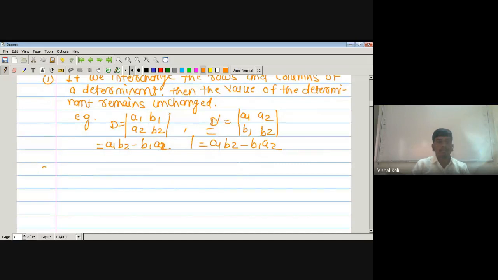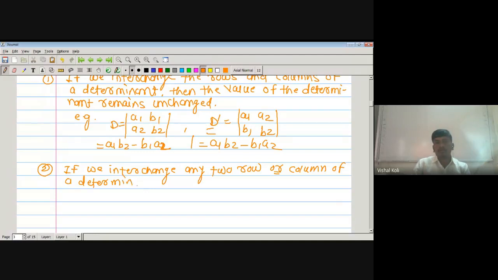Now the second property: if we interchange any two rows or columns of a determinant, then it changes the sign of the determinant without altering its absolute value.